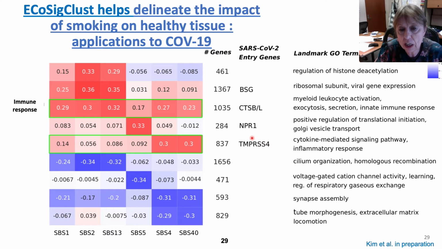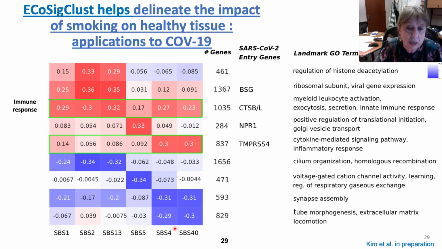What we leverage here is that there is a specific signature related to smoking, signature 4. So for every patient, we can use this signature to estimate the amount of exposure to smoking the patient had. And the exposure to smoking concerns the whole organism, not only cancer cells.